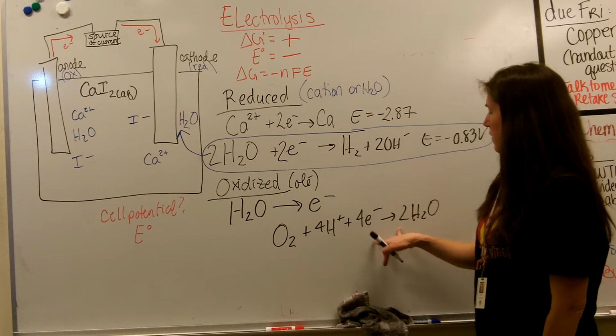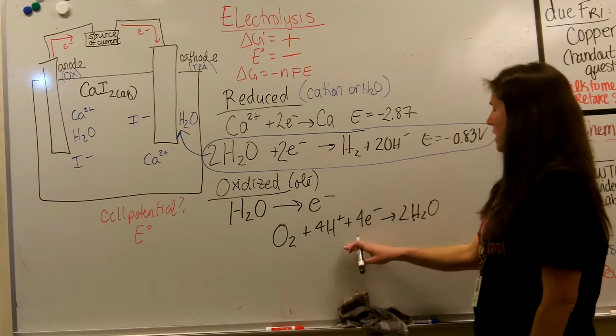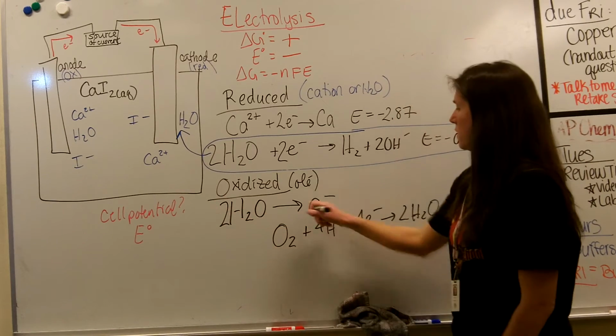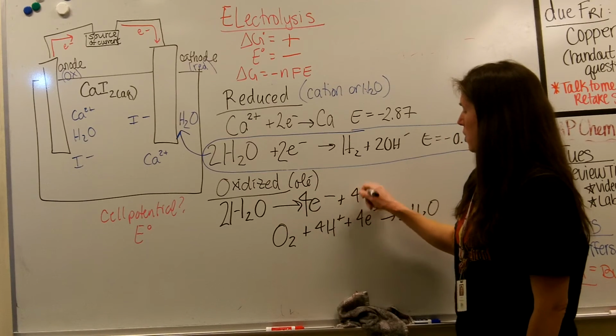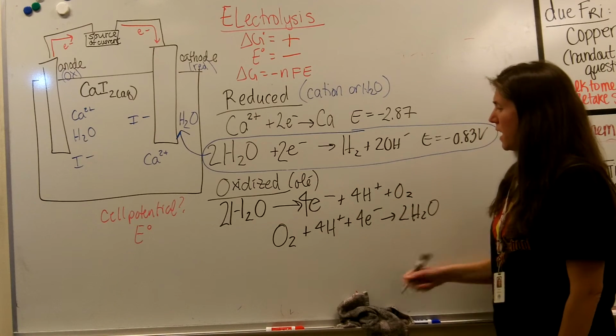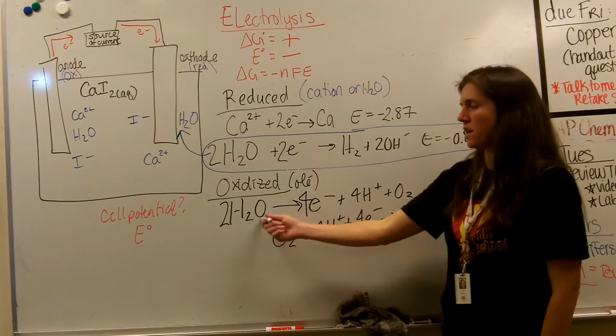So if I take this and I flip it around, I'm going to take this whole thing, make my products to reactants and vice versa. Now this reaction is 2H2O releases 4 electrons and 4 H+ and 1 O2. I just took my reduction that was given to me and turned it into an oxidation.